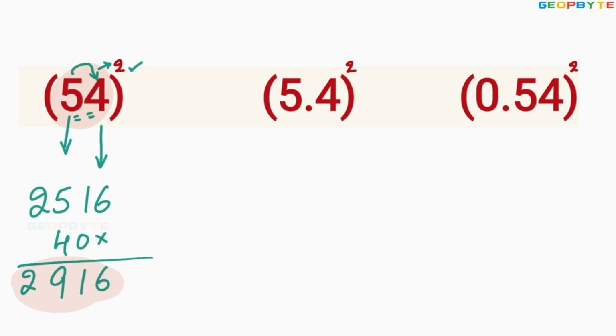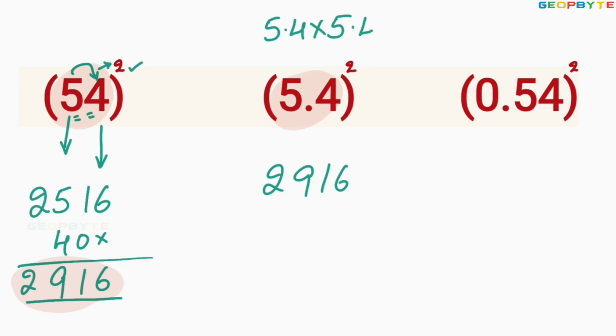Now come to 5.4 whole square. First you write the 54 square value, 2916. 5.4 whole square equals what? 5.4 into 5.4.